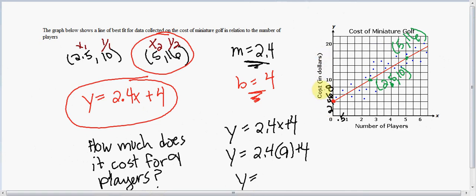That's what we find when we find y. So I'm going to take 2.4 times 9. That gives me 21.6, and I'm going to add 4 to that. And so that tells me that the cost is $25.60. So I'd write a sentence for that. I would say the cost for 9 players would be $25.60.